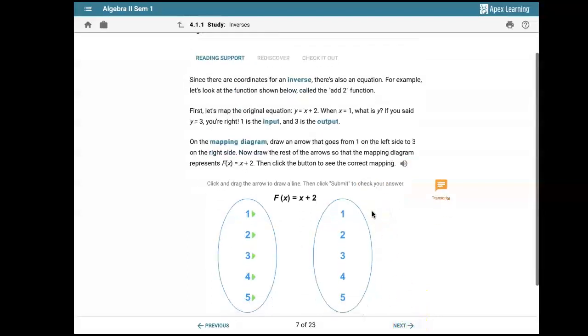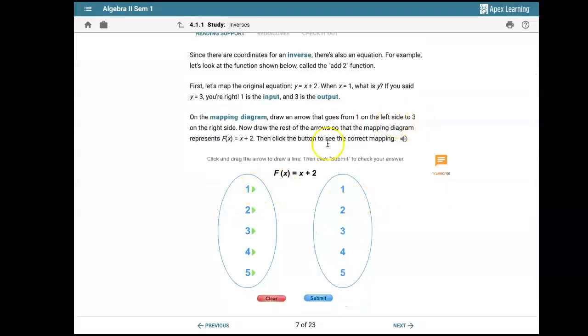Since there are coordinates for this inverse, we can also have an equation for it. This one is saying, map out the function represented by x plus 2. If this is our x value, our input, then this is our y value, our f of x, our output. So 1 plus 2 gives me 3, 2 plus 2 gives me 4, and 3 plus 2 gives me 5.